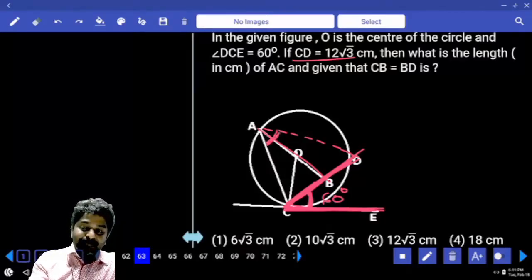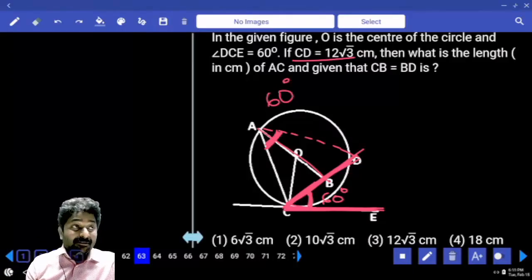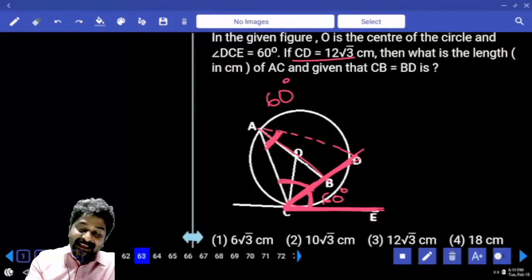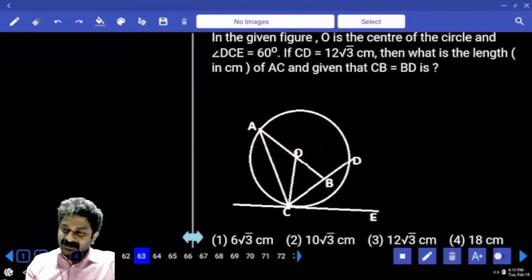By the alternate segment theorem, both should have equal angles, so angle at A must be equal to 60 degrees. Now look at this, angle ACD and ADC together must be equal to 120 degrees. Right, now look at this again.